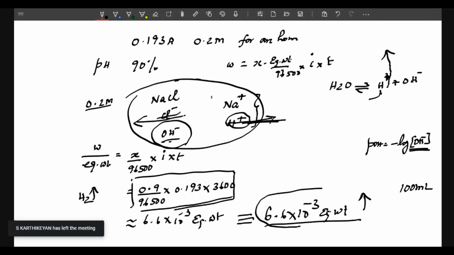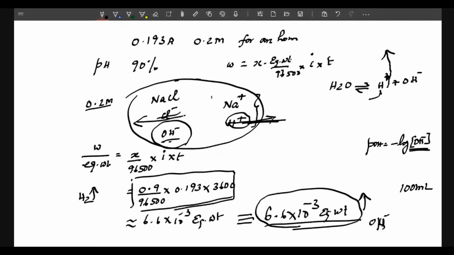But this much amount of OH is increased in 100 ml. Therefore, in 1 liter, how much would be the increase in the concentration of the OH? 6.6 into 10 power minus 2, because you should multiply with 100.